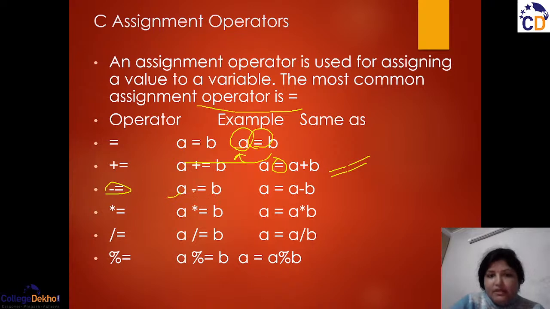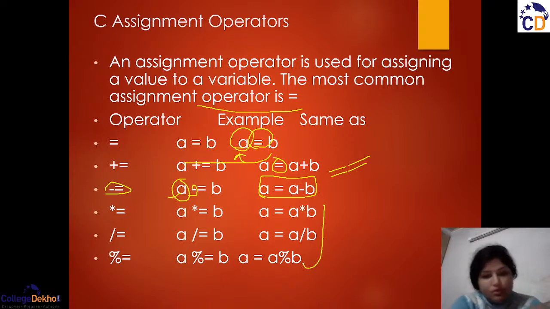What happens is the variable on this side is combined with the operator, that is, a minus b. When you expand this particular statement, it works like this: a is equal to a minus b. And this is the same for other operators as well, like a multiply equal to b.